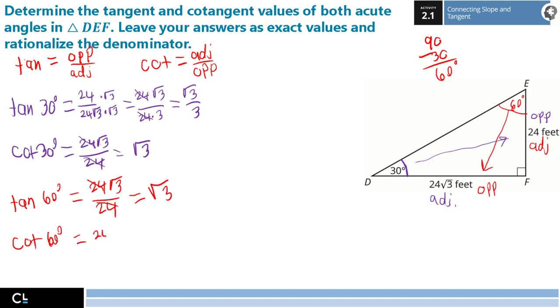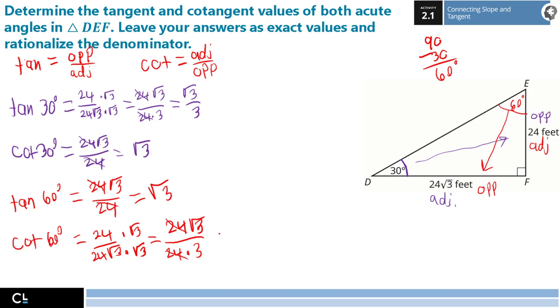It's going to be 24 over 24 radical 3, just like we had with the tangent of 30. So just like that, we have to rationalize the denominator. We're going to multiply the top and the bottom by radical 3. When we do that, up top we get 24 radical 3, and down below we're going to have 24 times 3.